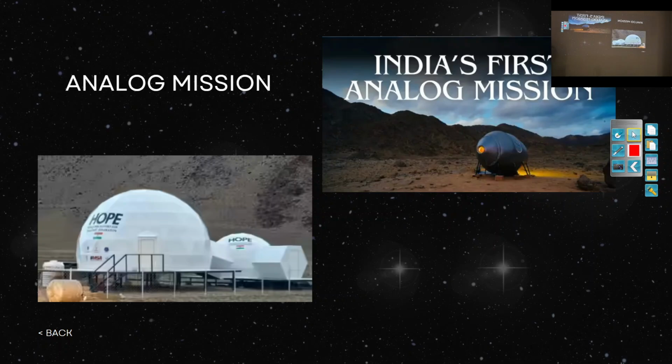They have built this Hope cubicle in Somore Valley, which will let people experiment and adapt to conditions similar to the Mars surface. The next stage of Mangalyaan will be to land people on Mars and carry out experiments there.